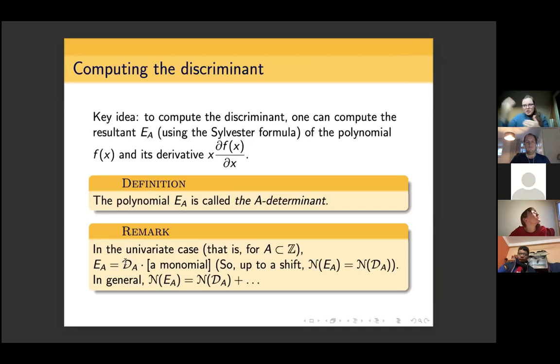So it's really literally a shift. In general, it's not the case, but it's still true that the Newton polytope of the A-discriminant is the Newton polytope of the discriminant plus some other polytope, which is sort of studied and still allows some computations, but makes the situation much more nasty, and I don't want to touch it today.